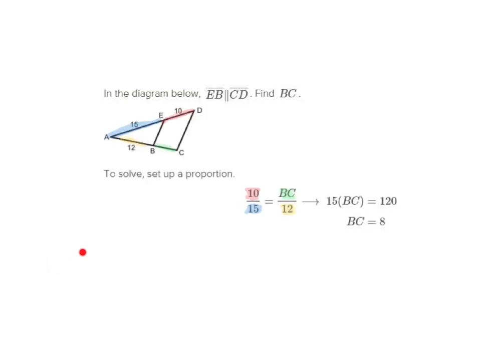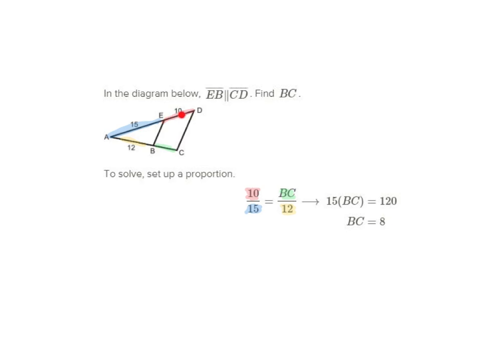So in this particular diagram, we are told that we have parallel lines here and here. And so what happens is that we are looking for those sides to be proportional, and we have a part that is missing.